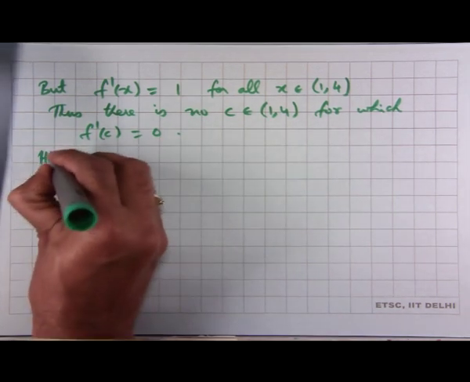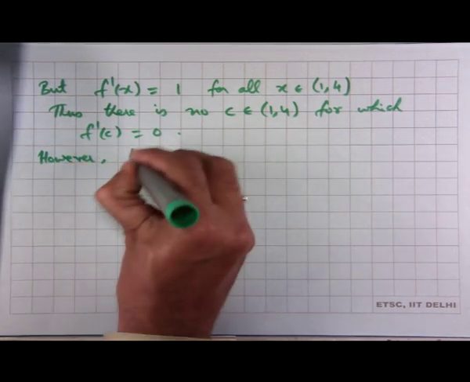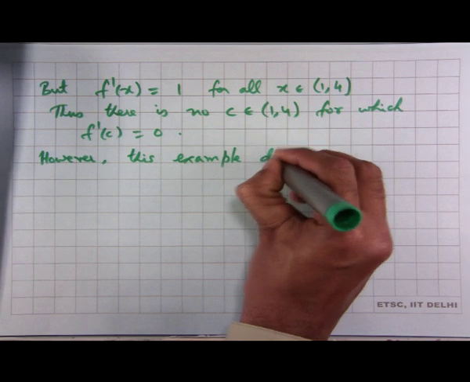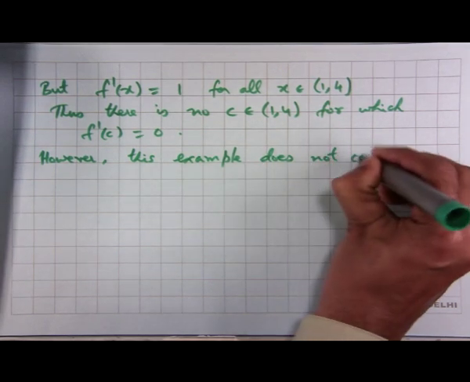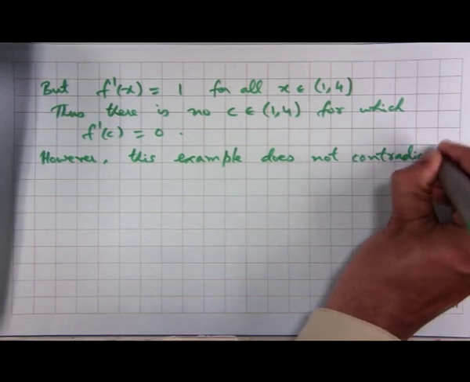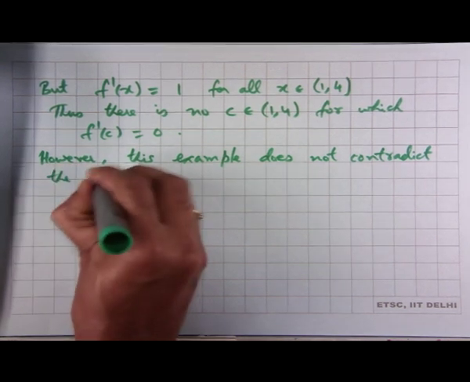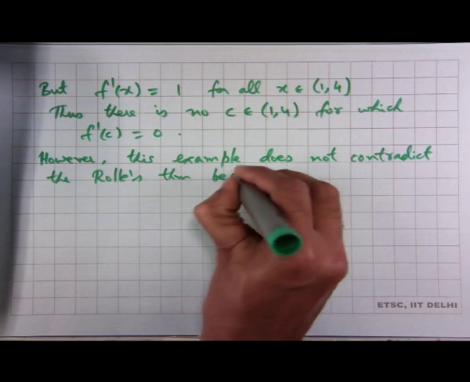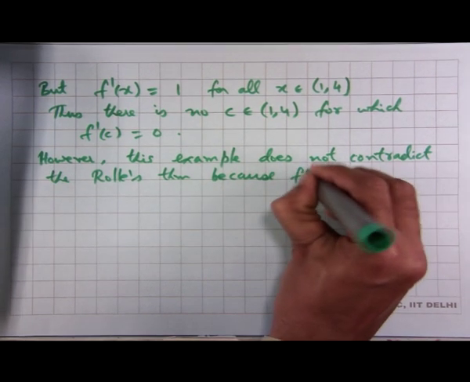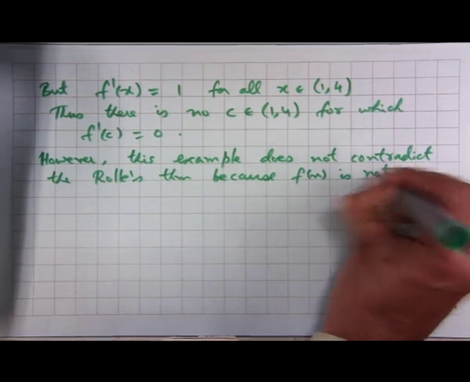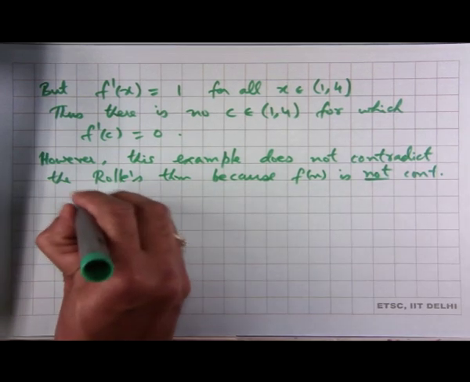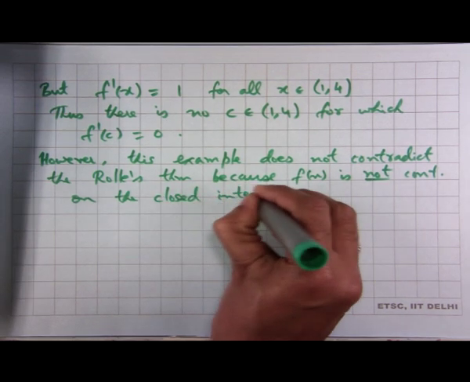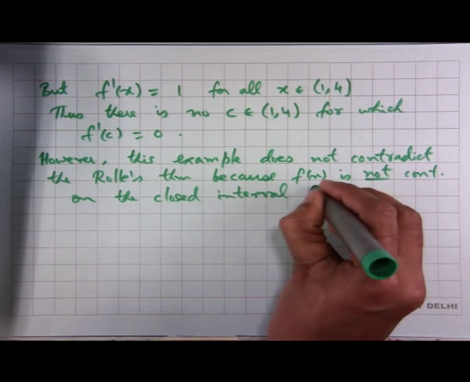However, this example does not contradict Rolle's theorem, because f(x) is not continuous on the closed interval [1, 4].